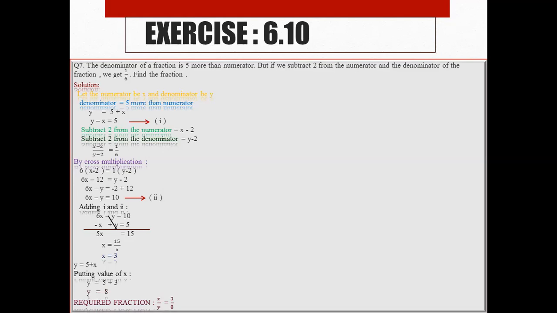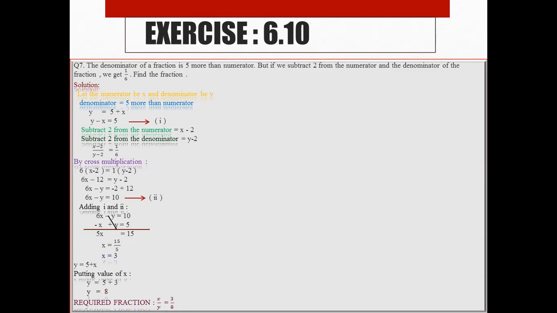Find the fraction. In these types of questions, always two conditions will be given to you, because we will make two equations according to the conditions, and then we calculate the values of the unknown variables, maybe x, y, or any variable you choose. In most questions, we take the variables x and y.